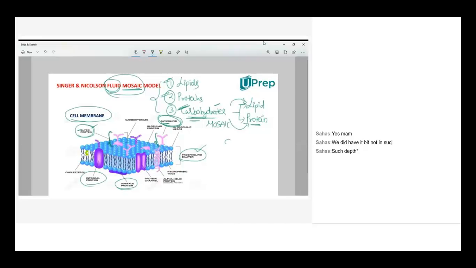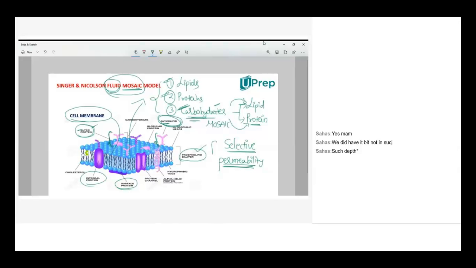All these are related to the selective nature of the cell membrane. Selective of what? Permeability is the word. Permeability is nothing but some molecules only are allowed to get into the cell. Some molecules only are allowed to go out of the cell. That's what permeability is.